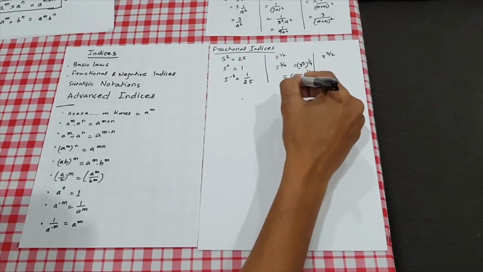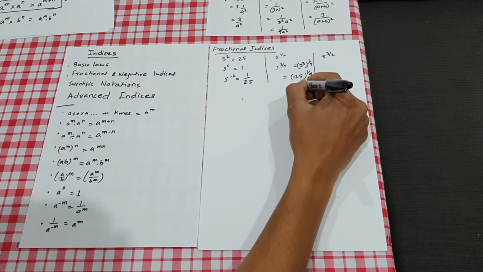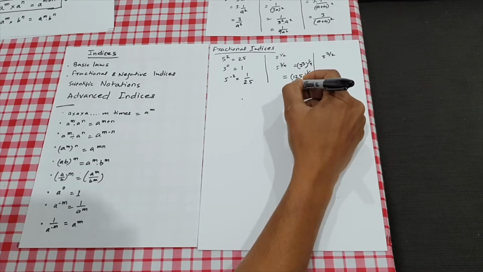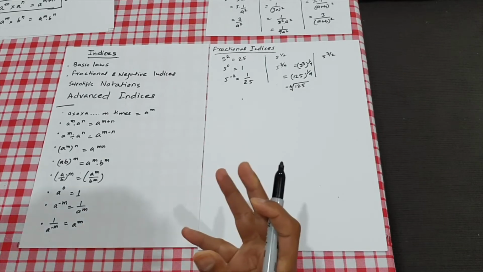So we can write this as 125 to the power 1 by 4. This is known as the root notation: you can put 4 there, which means this is the fourth root of 125.